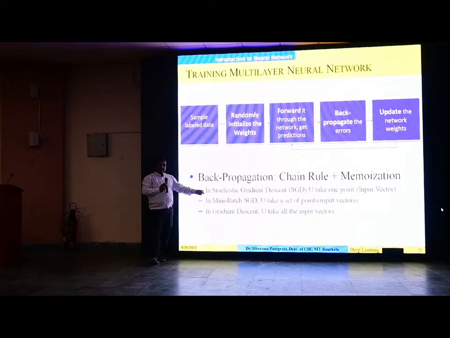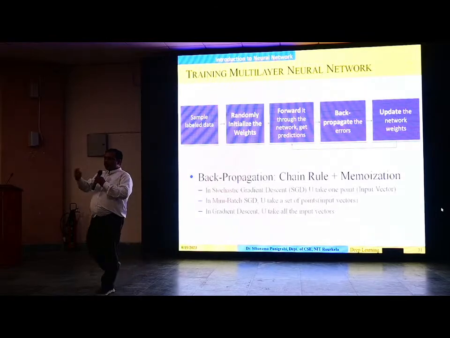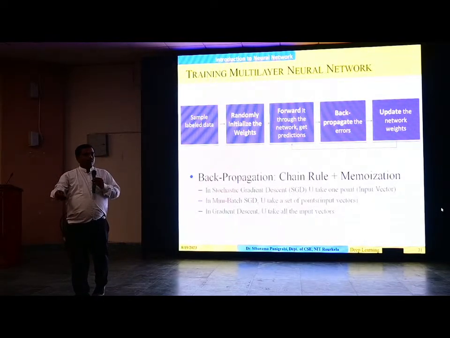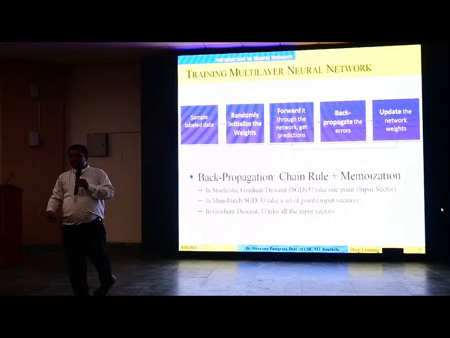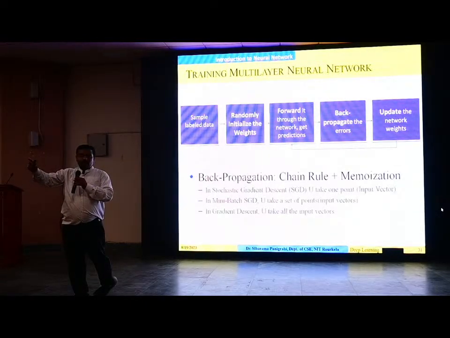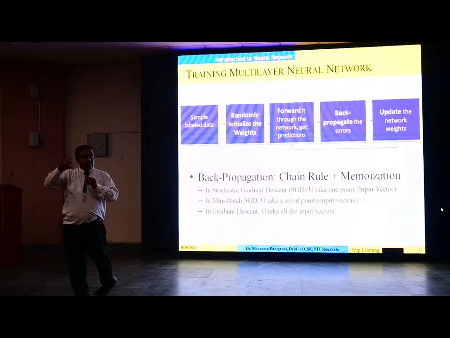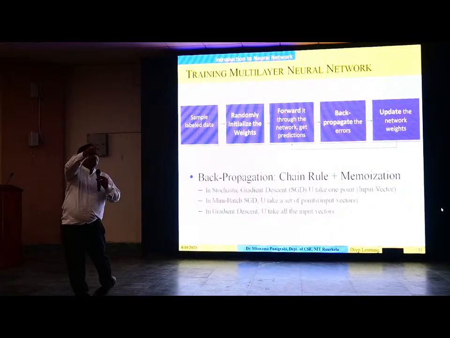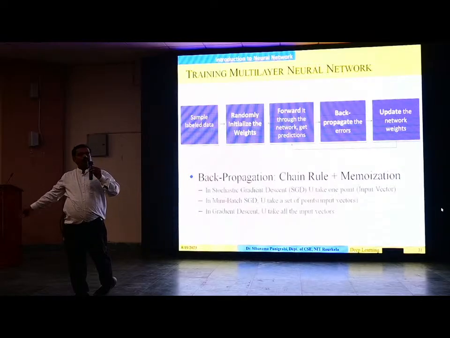So the intermediate between stochastic gradient descent and gradient descent is mini-batch gradient descent. Here, instead of updating the weights after each input, or instead of updating the weights after all the inputs, you update the weights after a batch of inputs. Meaning, let's say you have 100 inputs.